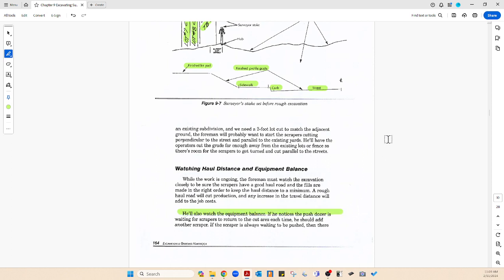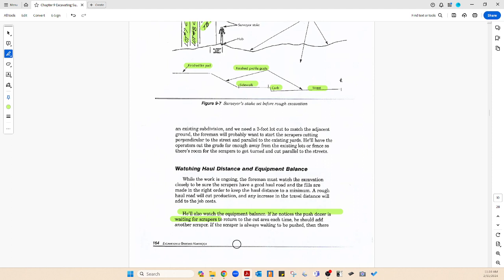If he notices the push dozer is waiting for scrapers to return to the cut area each time, in other words, if he notices scrapers are being held up, he should add another scraper.